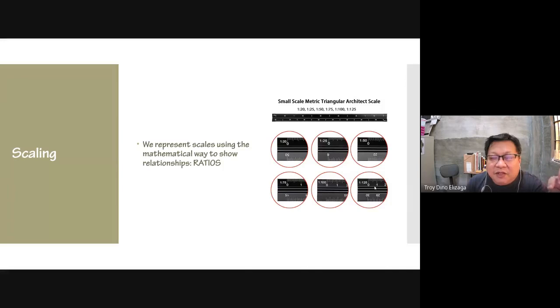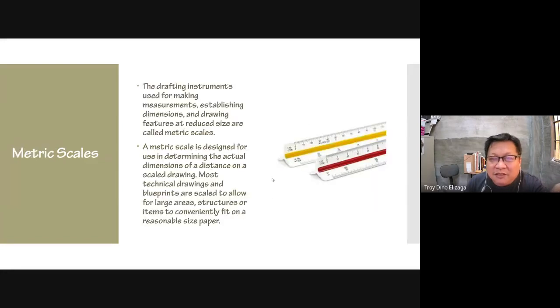But then when it comes to this sort of scale, 1:25, 1:75, it's a bit difficult to make a scale ruler based on the 1:100 ruler. I'll show you that later on.